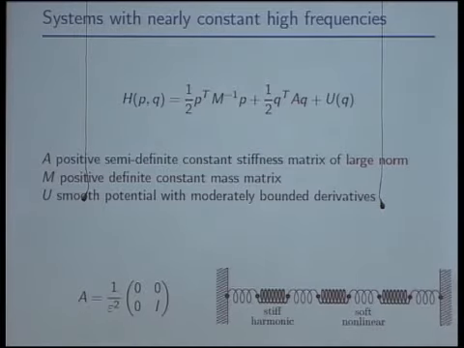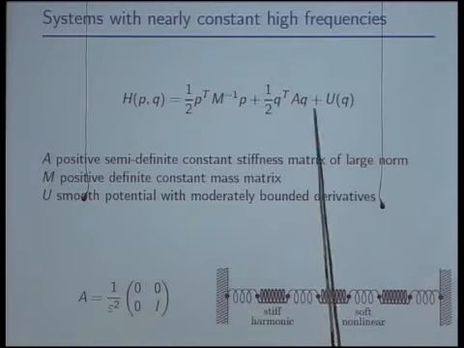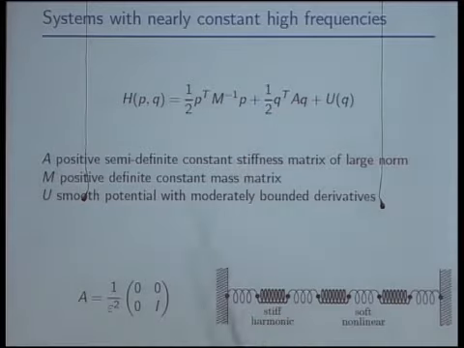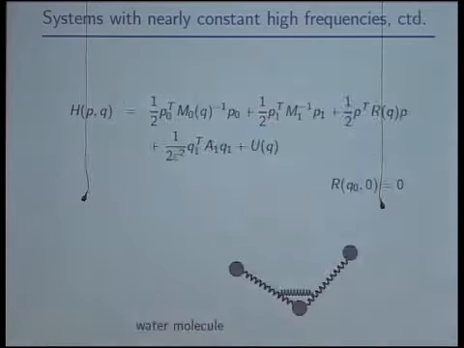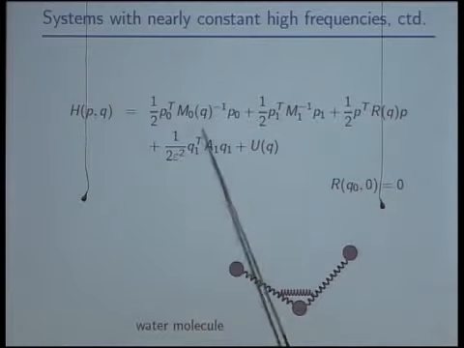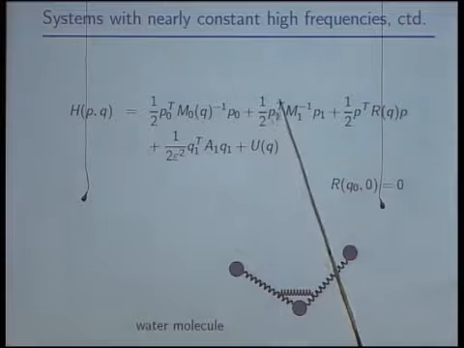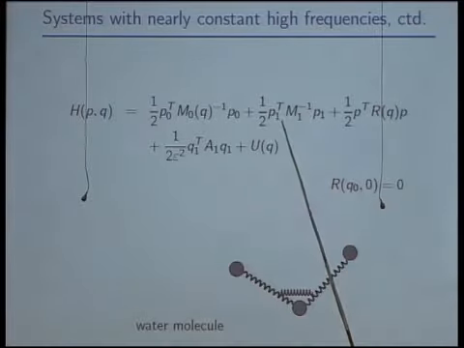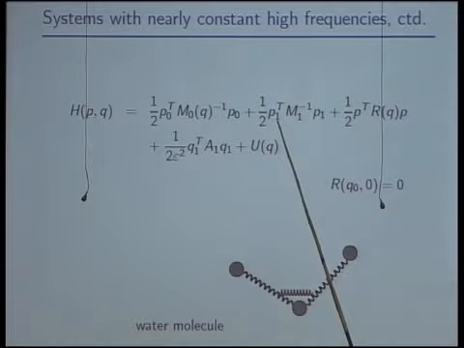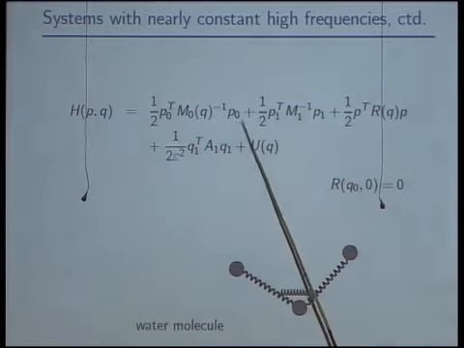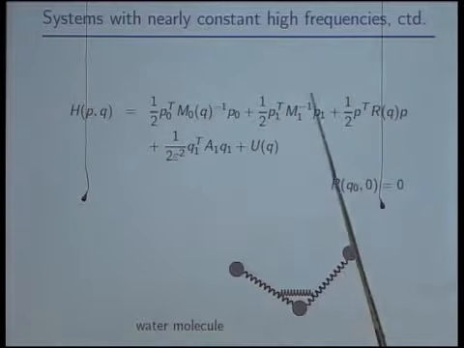I would, however, like to advise you that you can have constant high frequencies even in systems which do not have such constant mass or stiffness matrices, as indicated here, but which are, for example, of this form, where you have a mass matrix which depends on the positions, and the stiff oscillatory part, the fast components, which in this talk always carry the subscript 1, whereas the slow components carry the subscript 0.